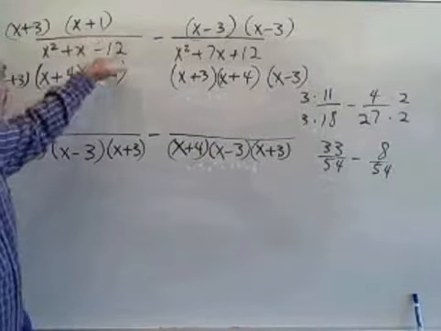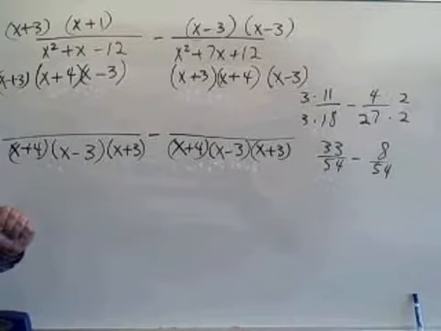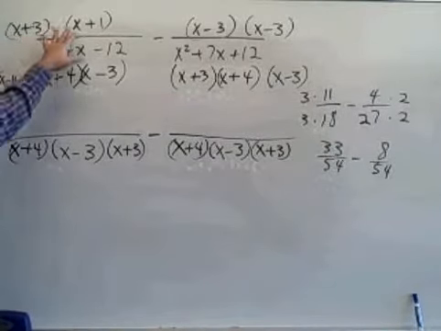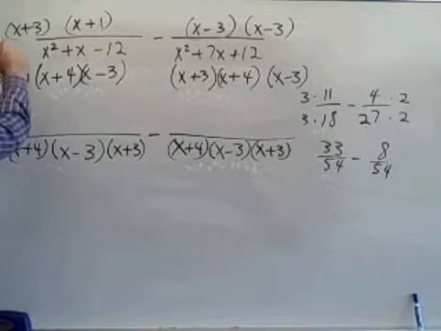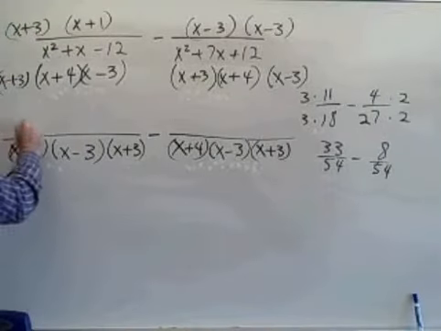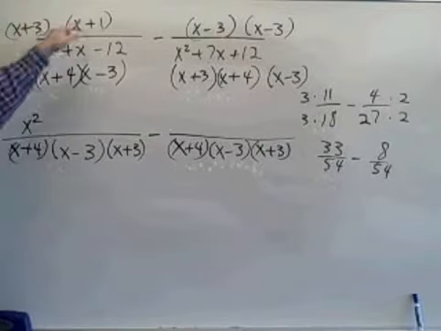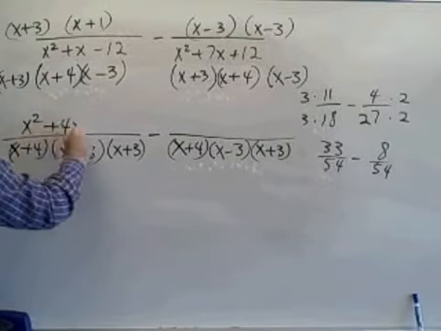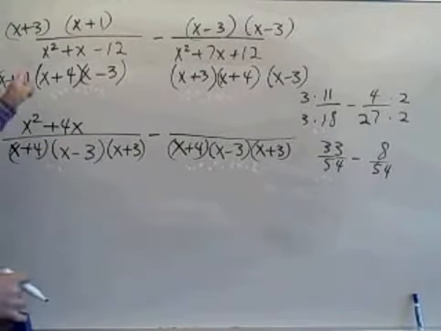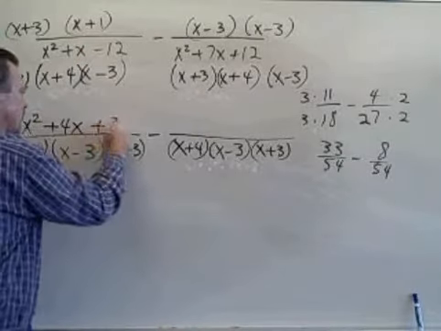Well, now, this is a binomial times a binomial. That's going to require FOIL. X plus 3 times x plus 1. X times x is x squared, plus 1x plus 3x more. That's plus 4x for the O and the I of FOIL, plus 3 for the L of FOIL.